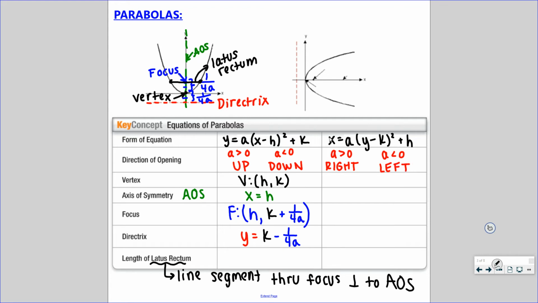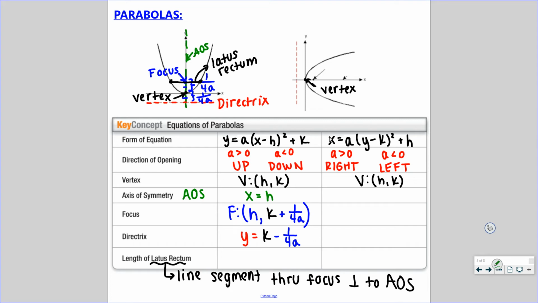My vertex is still at (h, k), but you just have to be careful because now the value of h is located over here and not in the parentheses, but it's still going to be (h, k). So in this sideways parabola, this right here would be my vertex. Look what happened to my axis of symmetry.